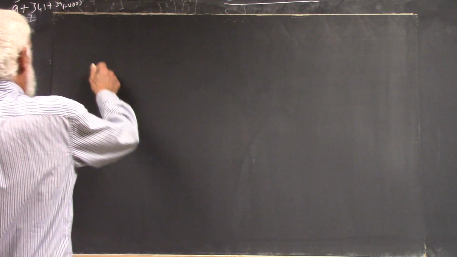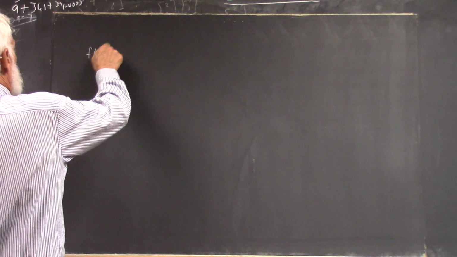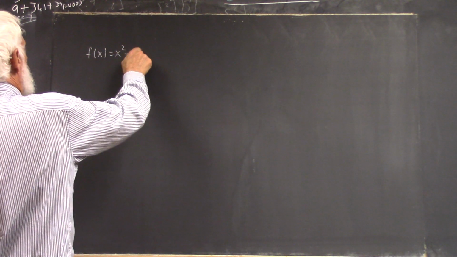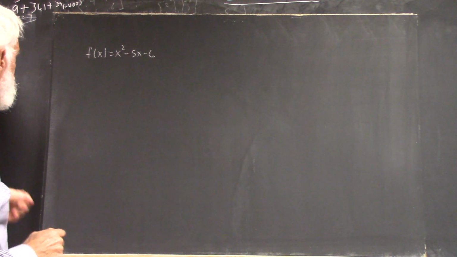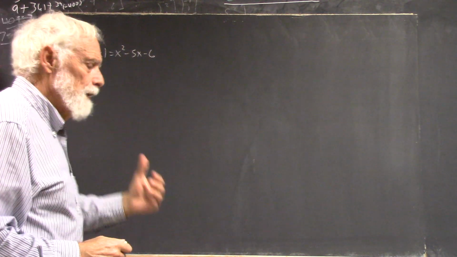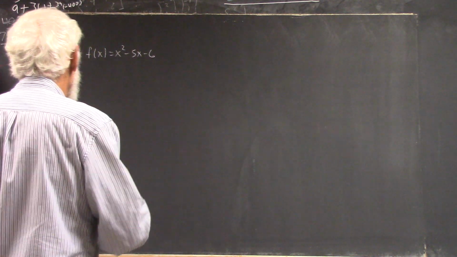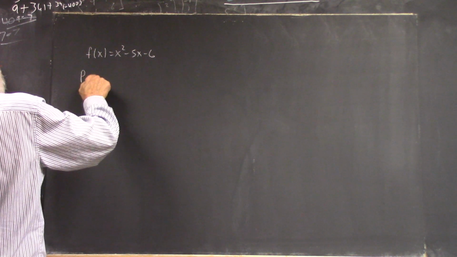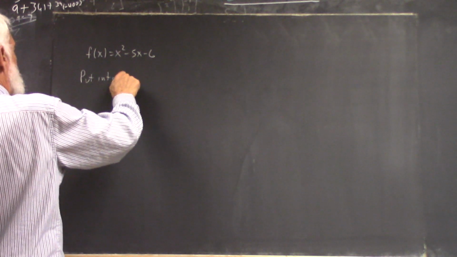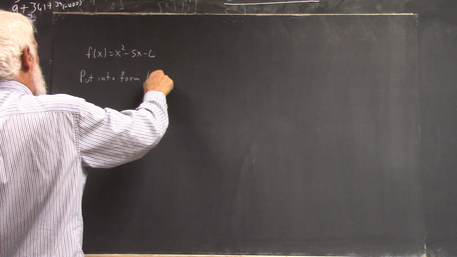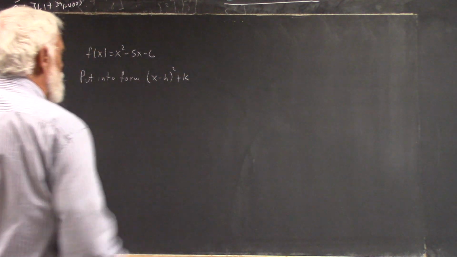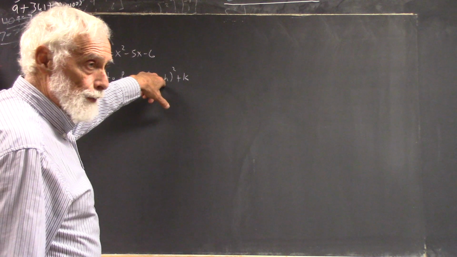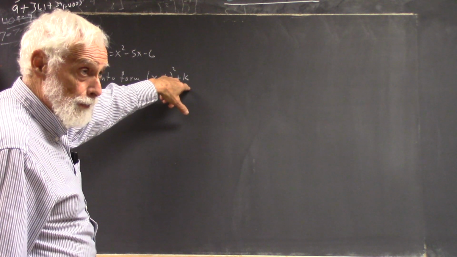Okay, so if we have, again, f of x equals x squared minus 5x minus 6, and we want to put this into the form x minus h squared plus k, where h is your horizontal shift and k is your vertical shift.